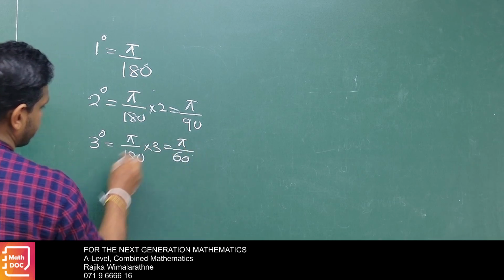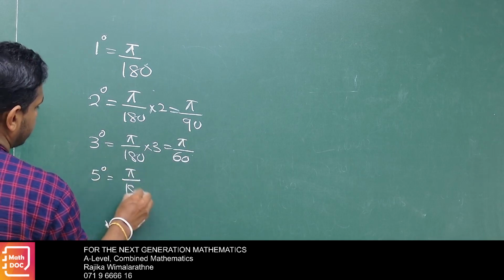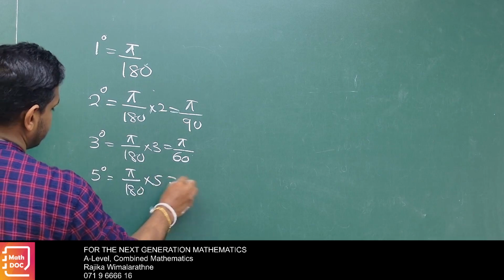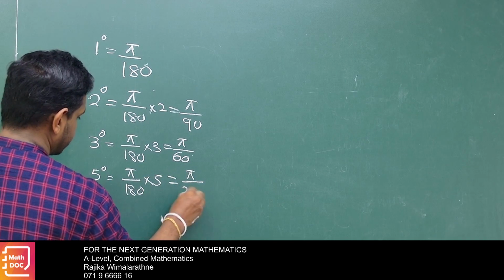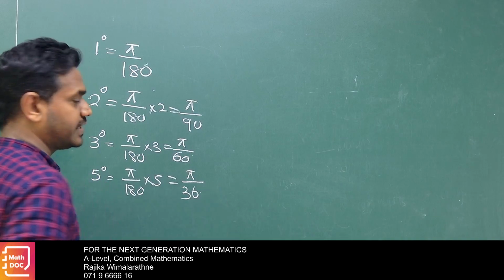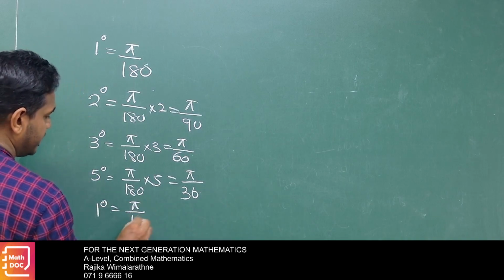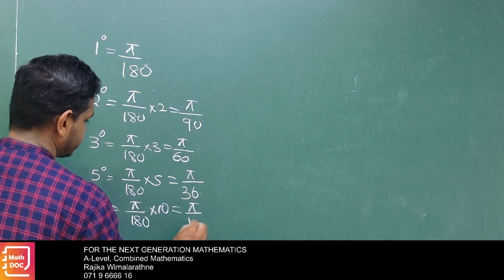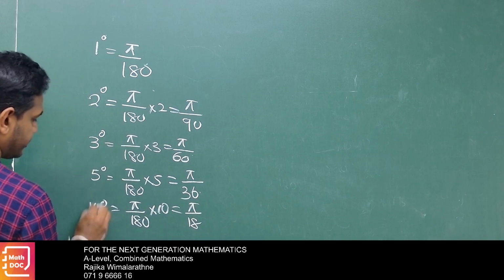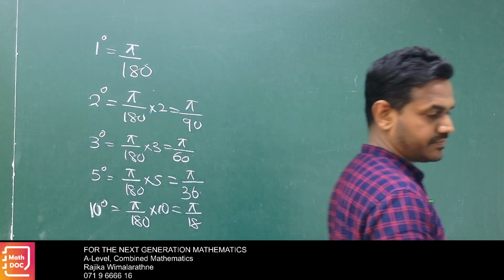Then 5 degrees, pi over 180 times 5, and so on we can write, okay? Then 10 degrees equals pi over 180 times 10 equals pi over 18. Okay, you do them soon.